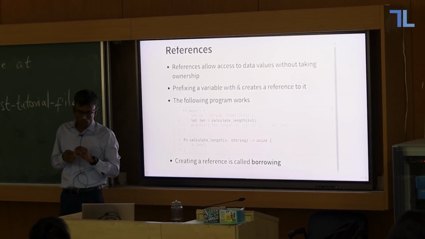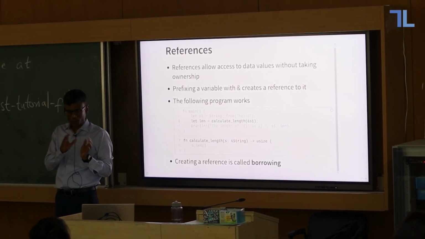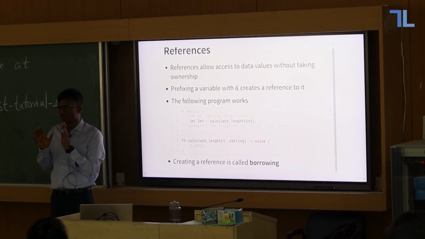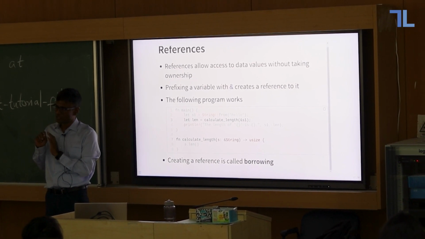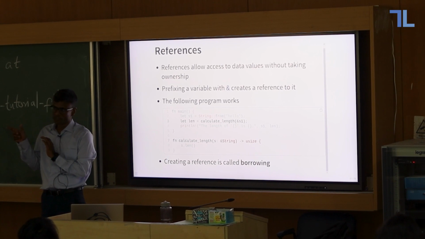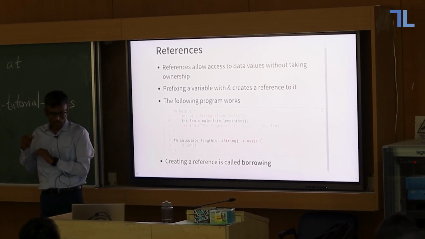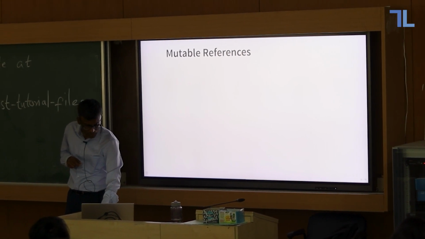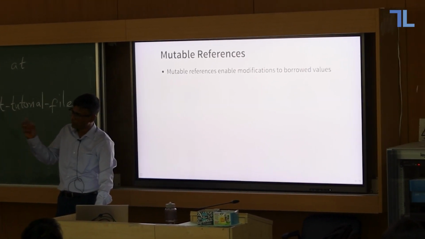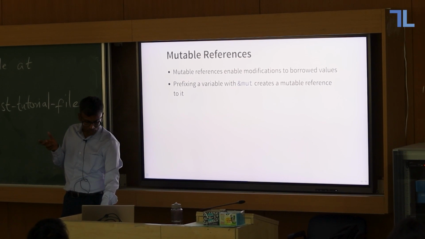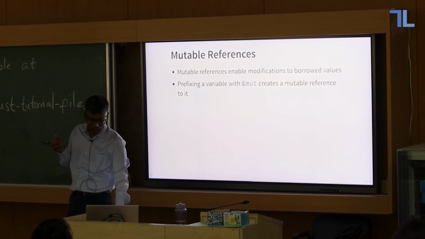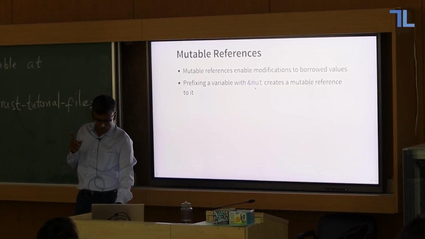The ownership rules about references, which I did not put in this slide: you can have multiple immutable references, where you take a reference and are not going to modify the data. But you can also create a mutable reference, where the borrowed value can be modified, and you just have to prefix with ampersand mut. There can only be a single mutable reference.